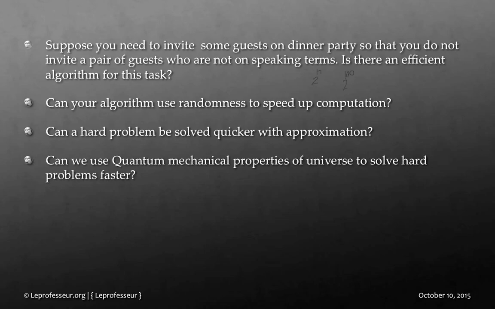Or can we use quantum mechanical properties of the universe to solve hard problems faster? For example, scientists are trying to develop quantum computers where information is represented not only by 1 and 0, but it's a triplet, which they call qubits, the overlapping of 1 and 0.